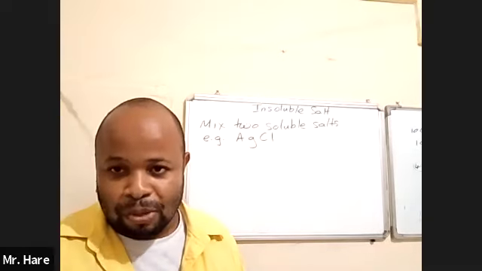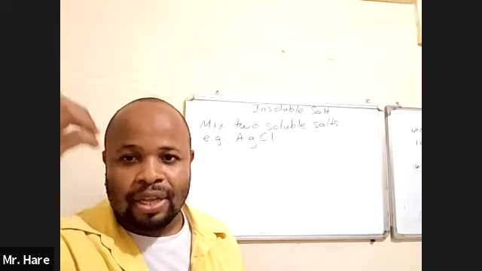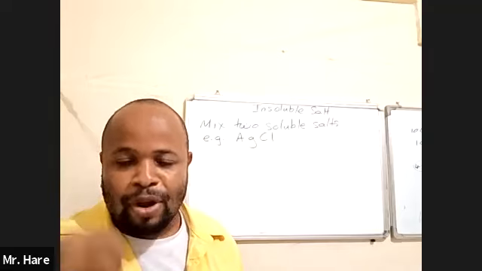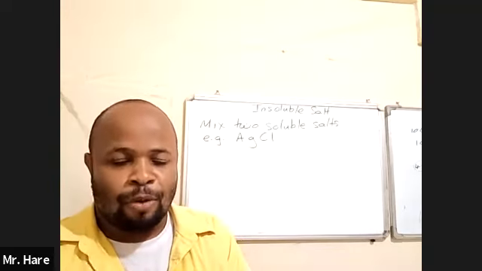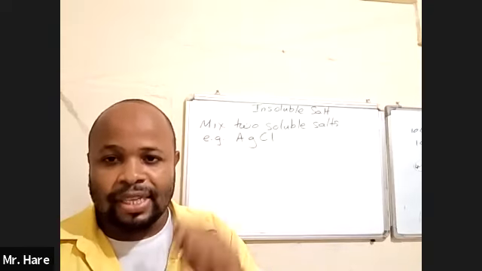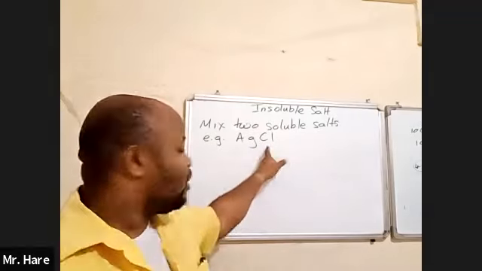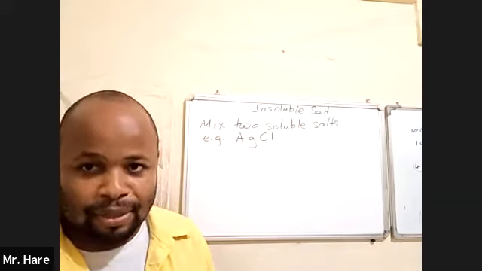Based on the rules, all the group 7 ions, fluoride, chloride, bromide, iodide, form soluble salts, except with silver and lead. So once you say silver chloride, you know that it's an insoluble salt.